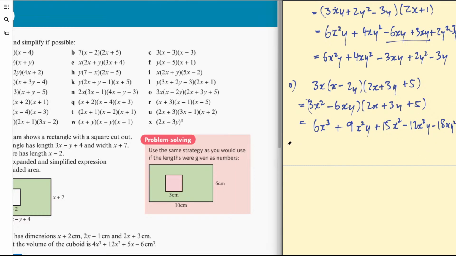Oh no, I've run out of room. And then we have a negative 30xy on the end. Are there any like terms in here? Yes, we have this 9x squared y and this negative 12x squared y. And that's it. So simplifying those, we'll have 6x cubed. 9 take 12 is negative 3x squared y plus 15x squared take 18xy squared take 30xy.